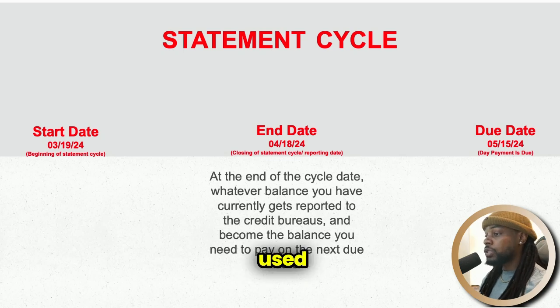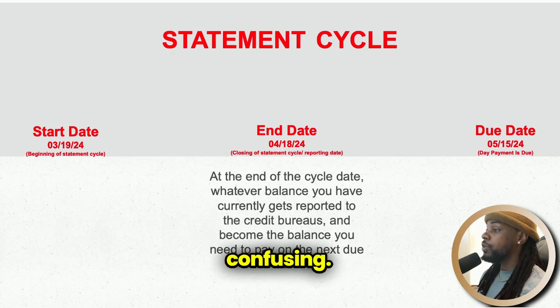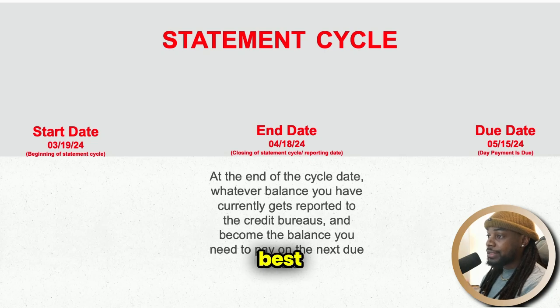I hope that makes sense to people, because again, I used to have to explain this a lot on the phone, so I know that it would be very confusing. But the best day to pay your credit card, in my opinion, will at least be 3 to 5 days before the statement cycle close date.